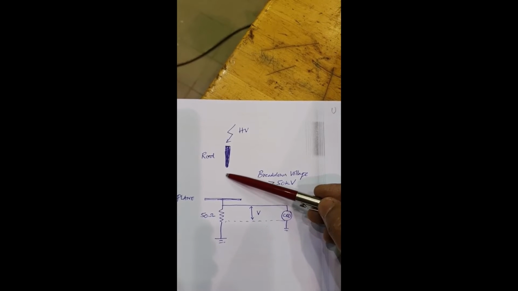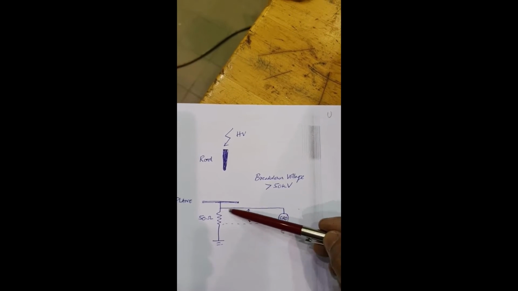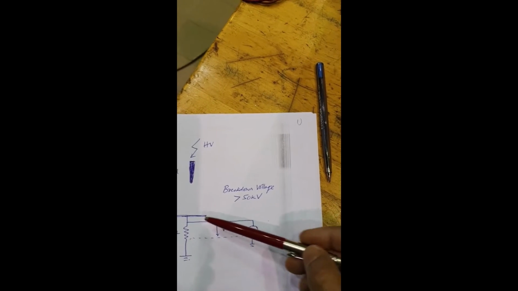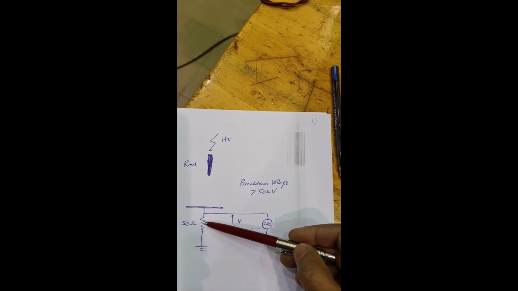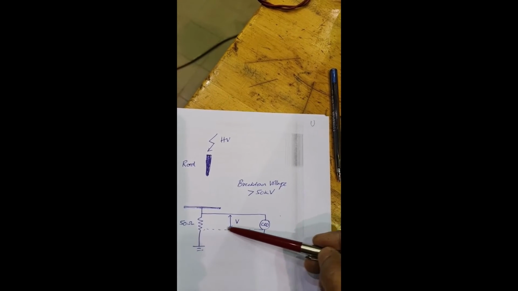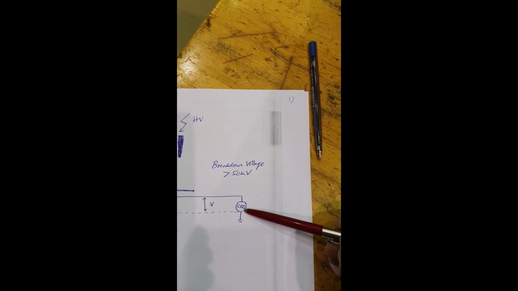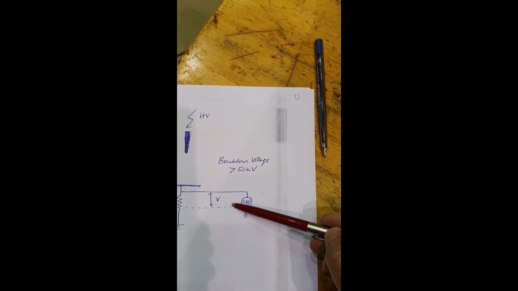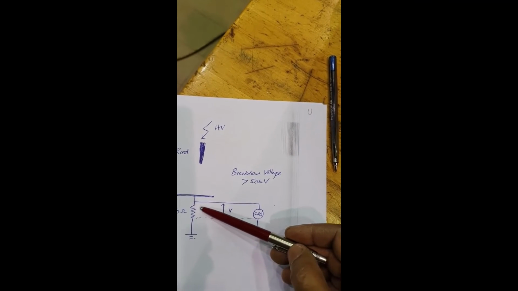When there is a corona discharge, a very small current flows. Oscilloscopes don't measure current, so I will take it through this resistor, and whatever the voltage drop across this resistor, it will go through this coaxial cable to the oscilloscope. There I will measure the voltage and divide by the resistance value.